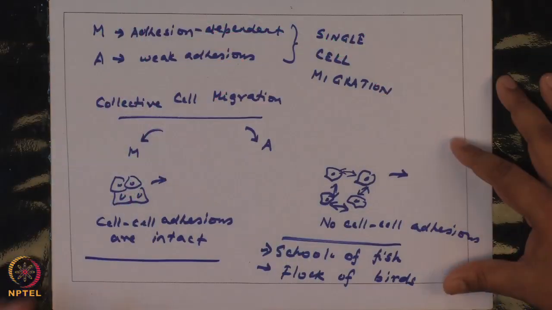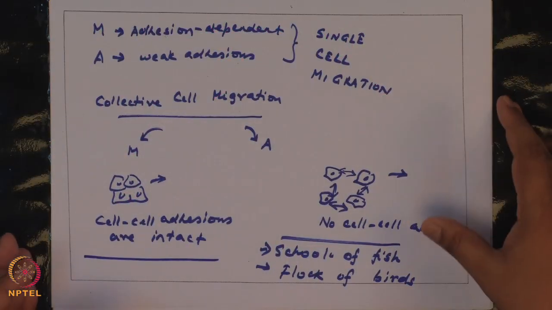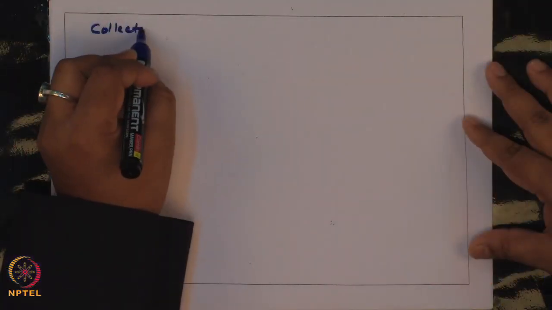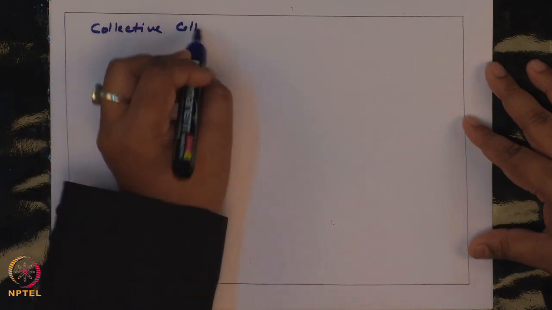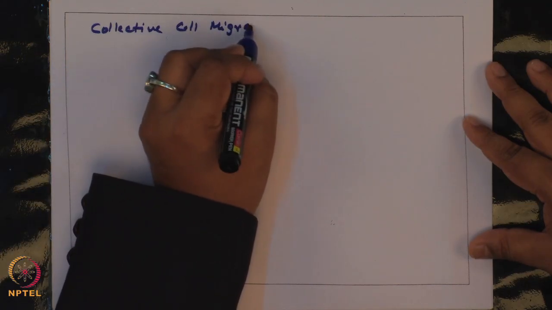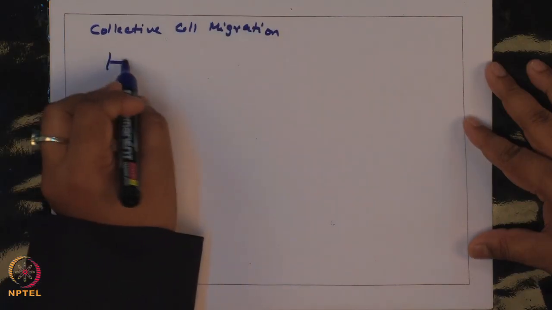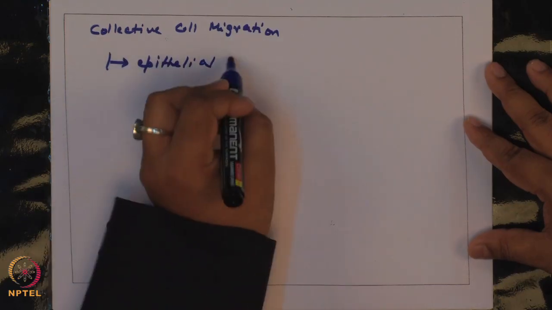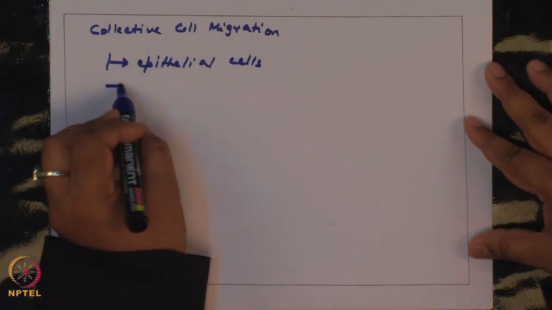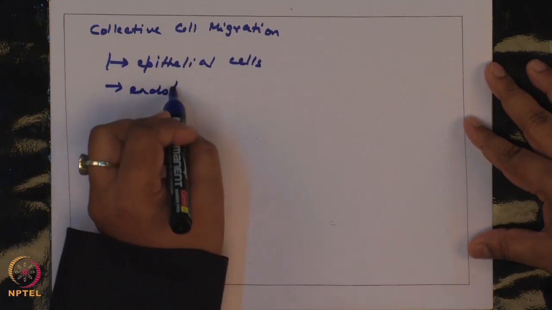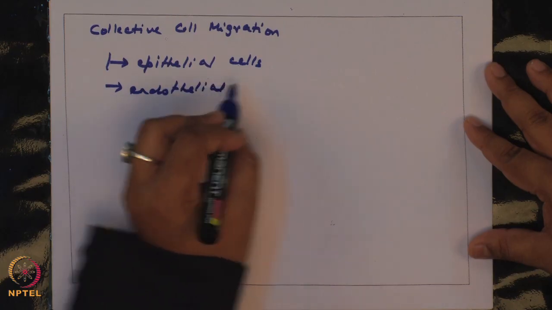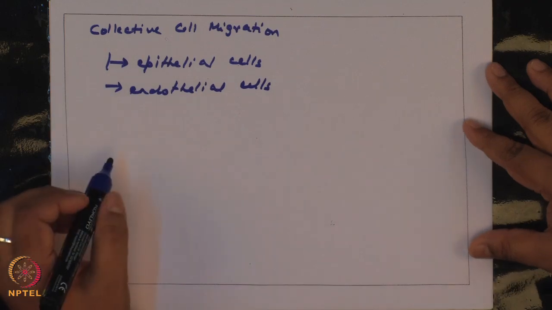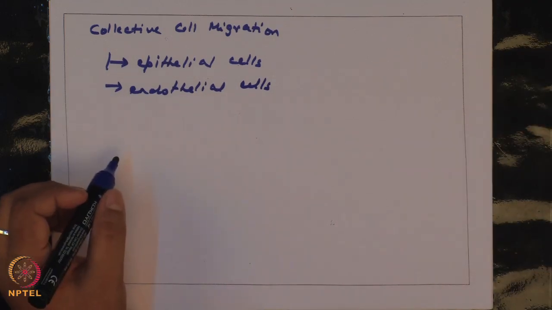In today's lecture we will talk more about the kind of migration where cell adhesions are intact: the collective cell migration of epithelial cells or endothelial cells, which migrate together with their cell adhesions intact.